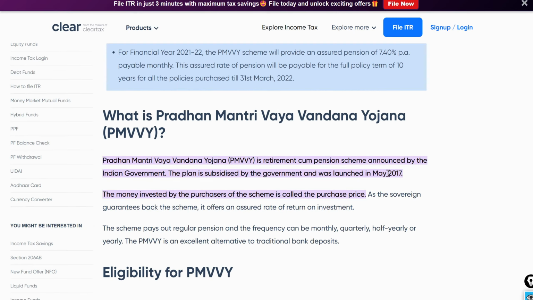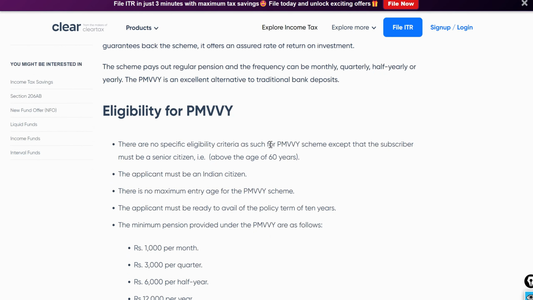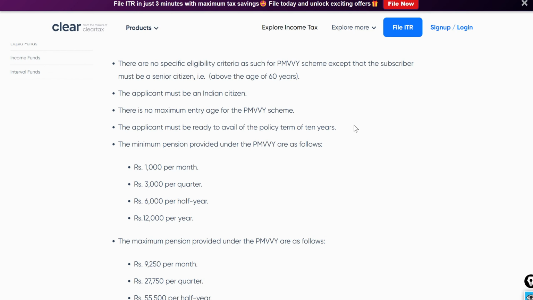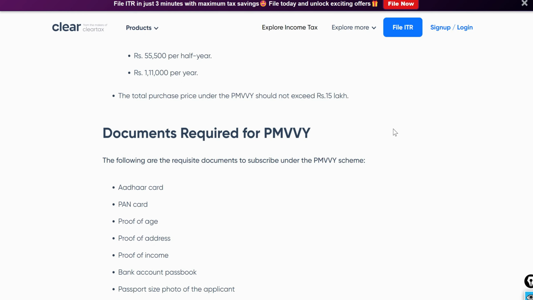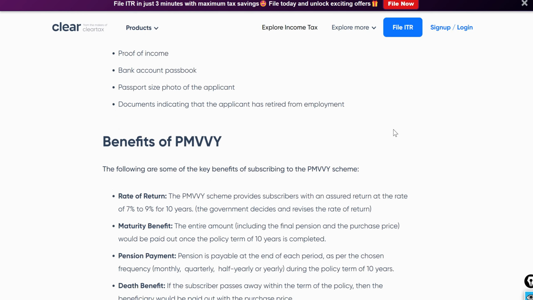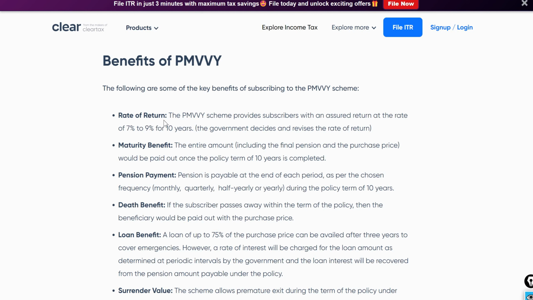Okay. For the eligibility, it is already given on the website. You can check anywhere on Google. If you search, we can get the details. Maximum up to 15 lakh you can deposit, and the scheme validity is maximum 10 years.